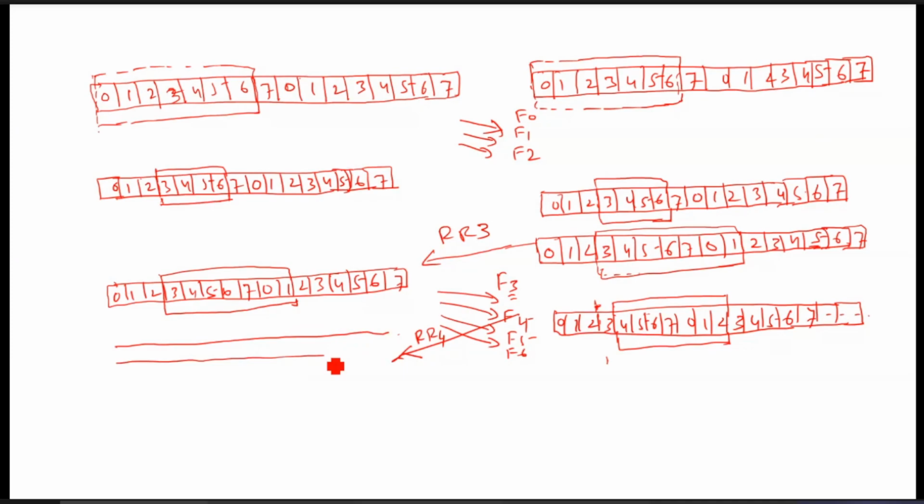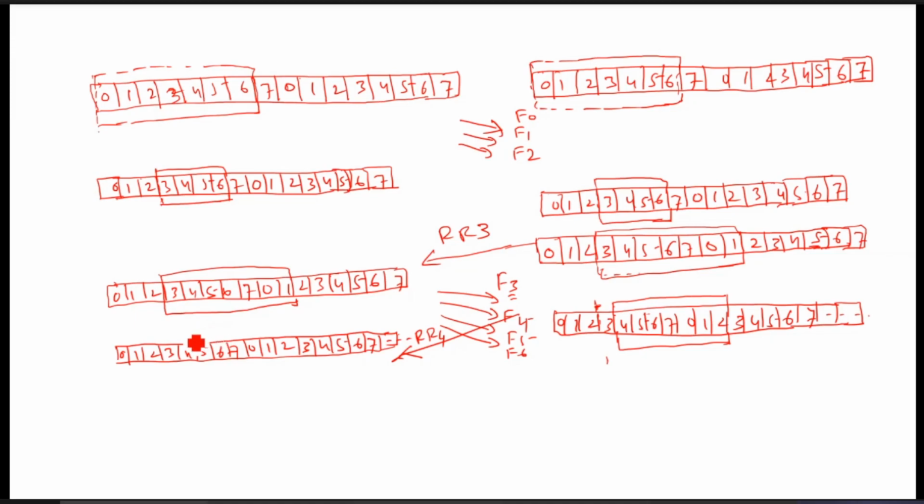Before the acknowledgement: 0, 1, 2, 3, 5, 6, 7, 0, 1, 2, 3, 4, 5, 6, 7, like these things.